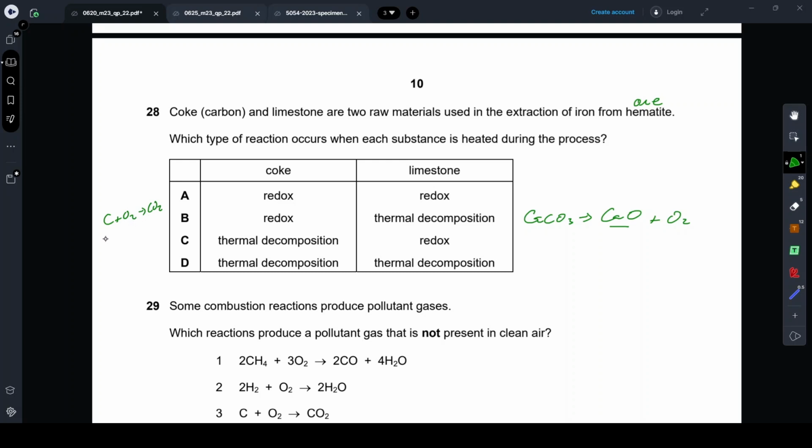And then the CO2 reacts with more carbon to form carbon monoxide. So it's oxidized and then it's reduced, right? And all the other steps.